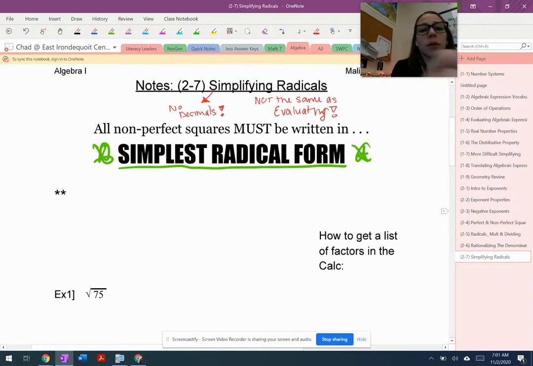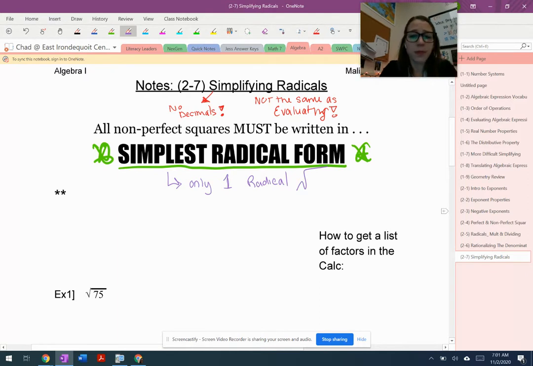Simplest radical form means that there should only be one radical. Only one radical, or only one square root. You shouldn't have two of them. And when we're doing this, we can simplify these by using perfect squares. Let's use blue.